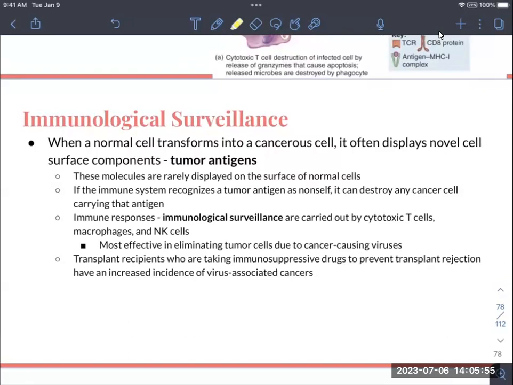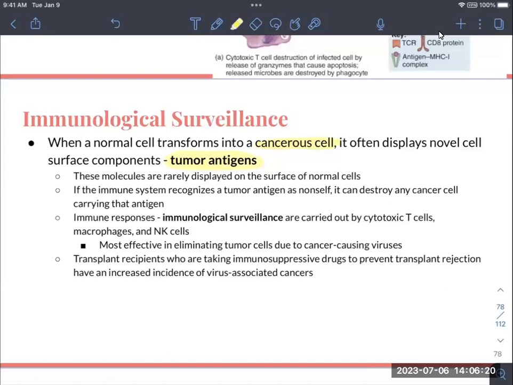Normal cells can sometimes transform into cancerous cells. And when that happens, it displays what is known as a tumor antigen. They very rarely display on a healthy cell.